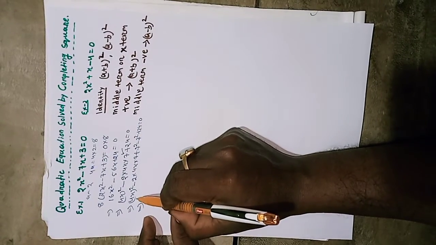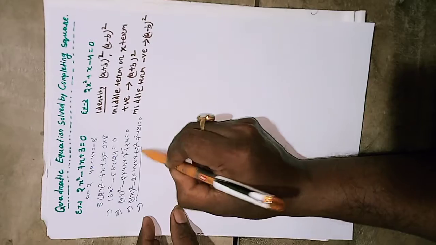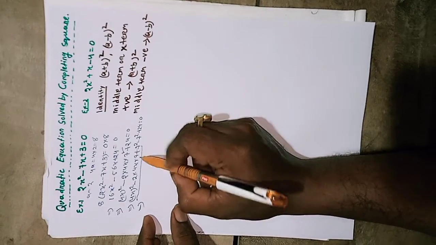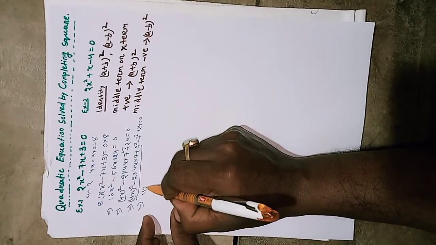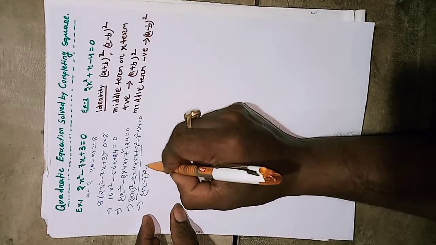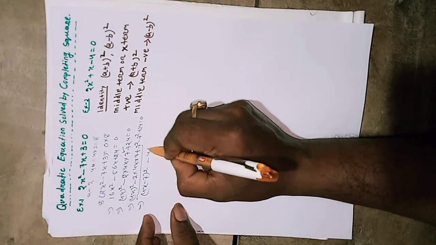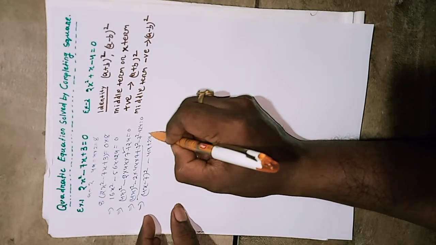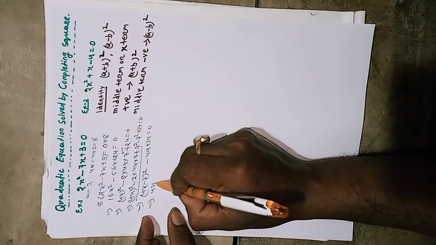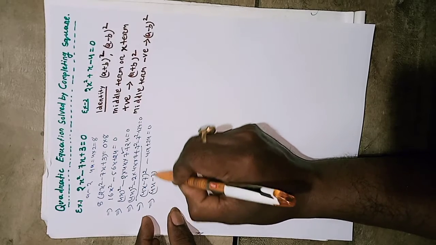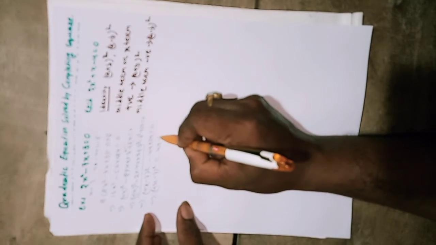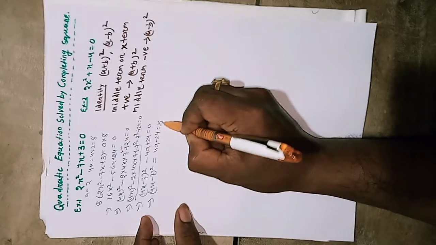Now write this part as a perfect square, that is a minus b whole square, and 4x minus 7 whole square minus 7 square, minus 49 plus 24 equal to 0. Implies that 4x minus 7 whole square equal to plus 49 minus 24, which is equal to 25.